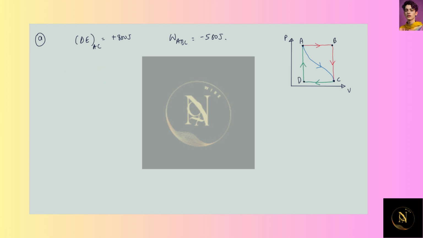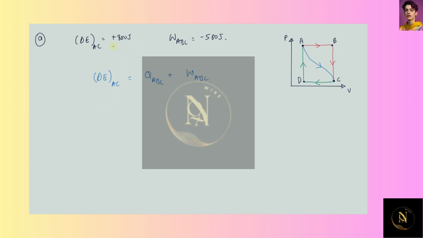For that we'll be applying the first law of thermodynamics, that is change in internal energy is equal to heat plus work. For path AC, the change in internal energy for AC will be equal to the heat Q ABC plus W of ABC.